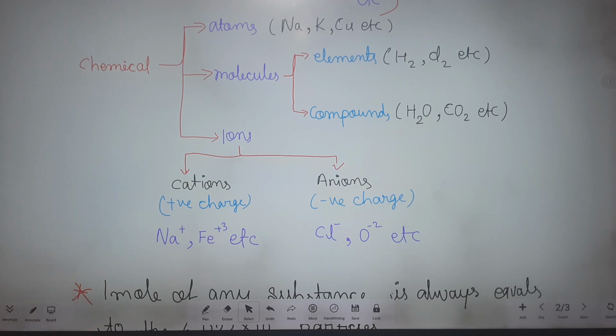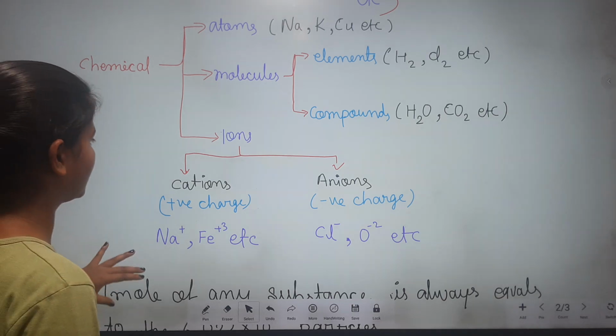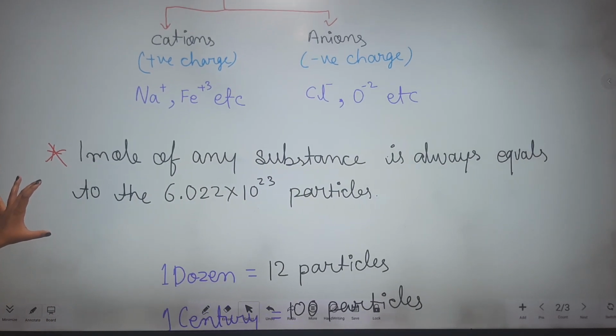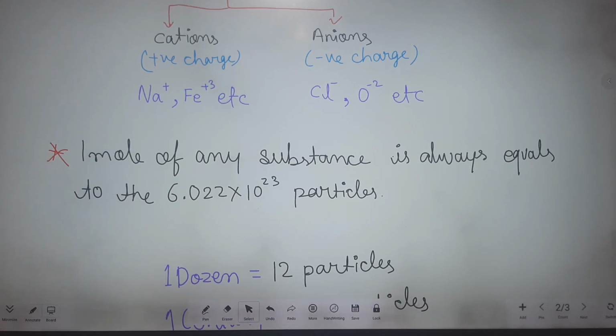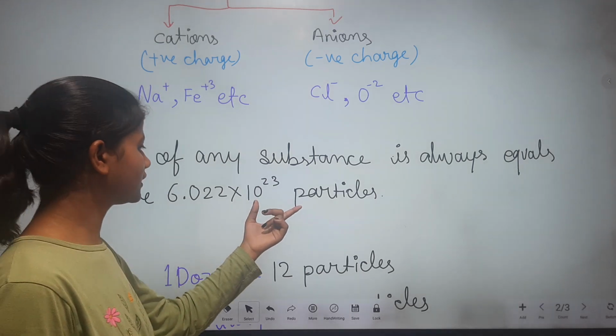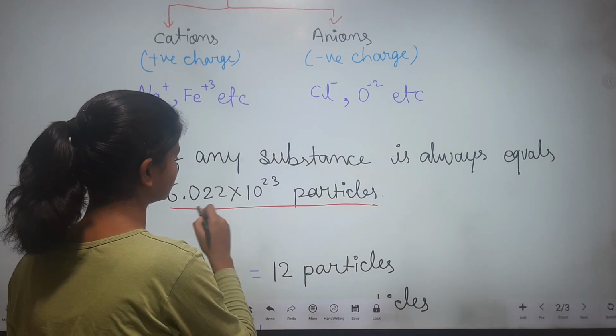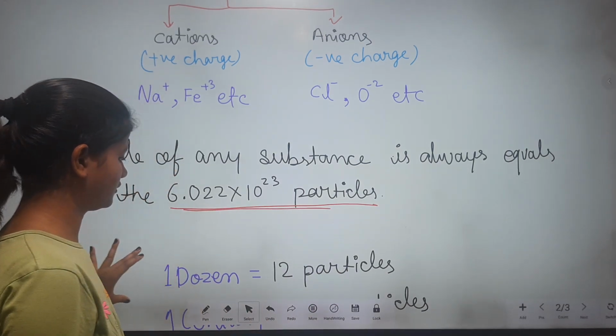The positive charge ions are known as cations, and the negative charge ions are known as anions. After that, 1 mole of any substance is equal to 6.022 into 10 to the power 23 particles, or we can also say this number is the Avogadro number.